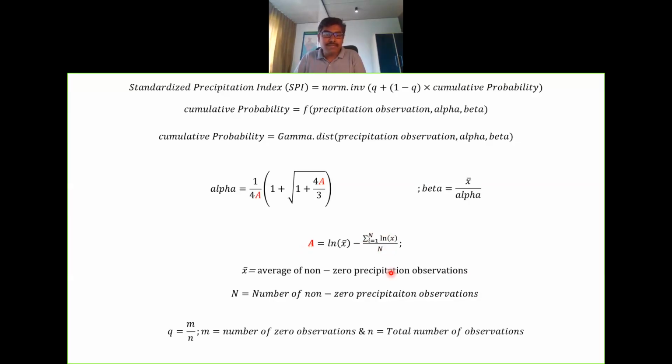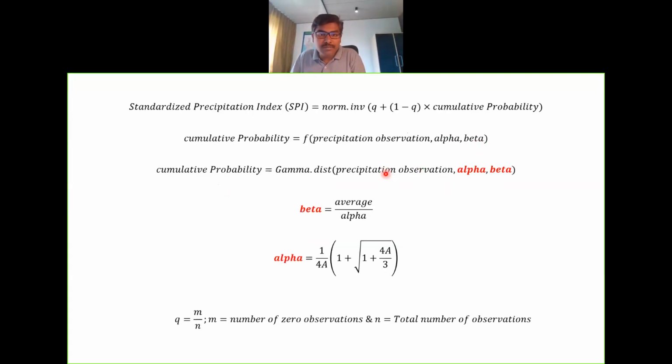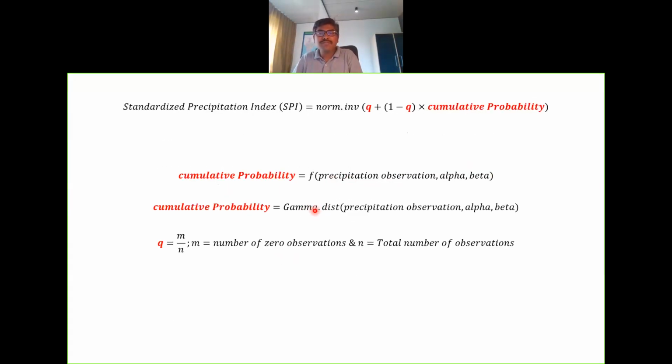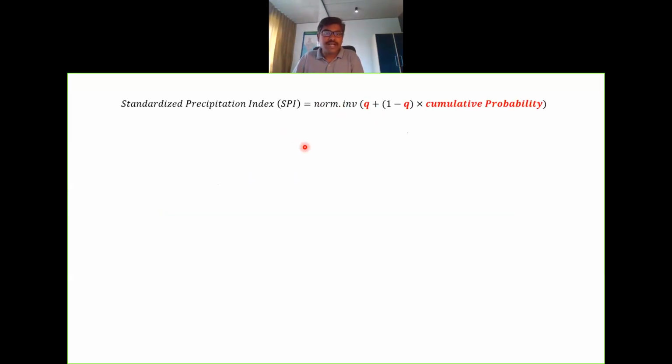And then calculate capital A. Using capital A, calculate alpha and then beta. Using alpha and beta, find the cumulative probability using gamma distribution and calculate small q, and then apply normal inverse, and thereby you will achieve the standardized precipitation index. Okay. So if you have any doubts in understanding, please let me know. Thank you.